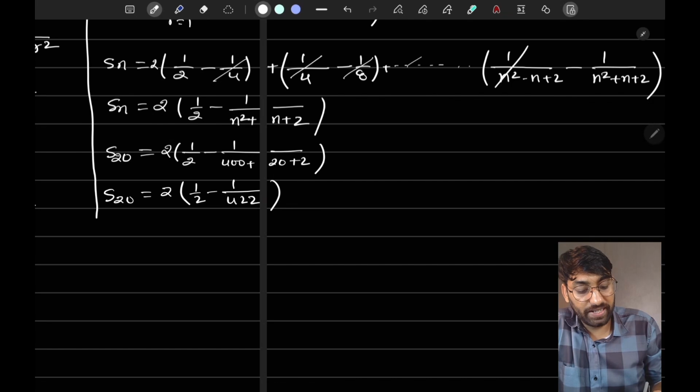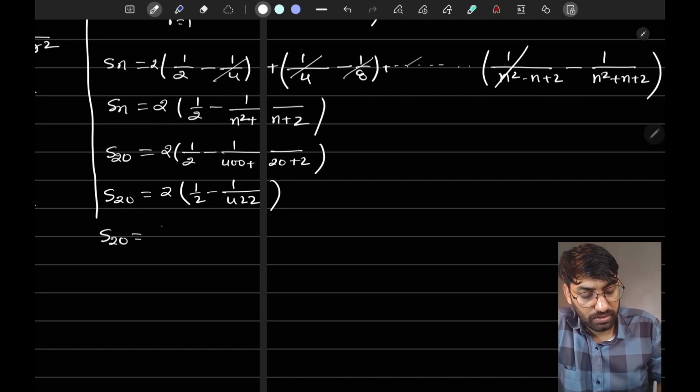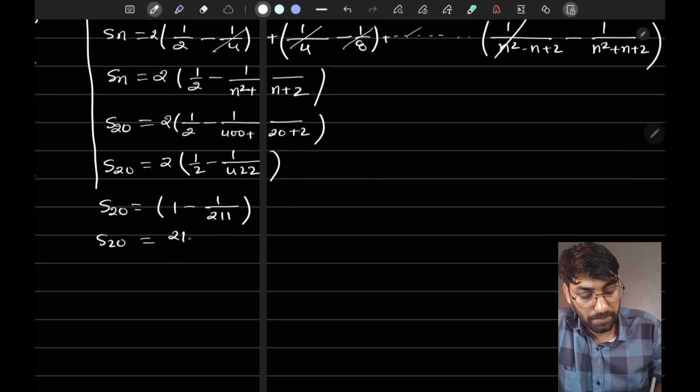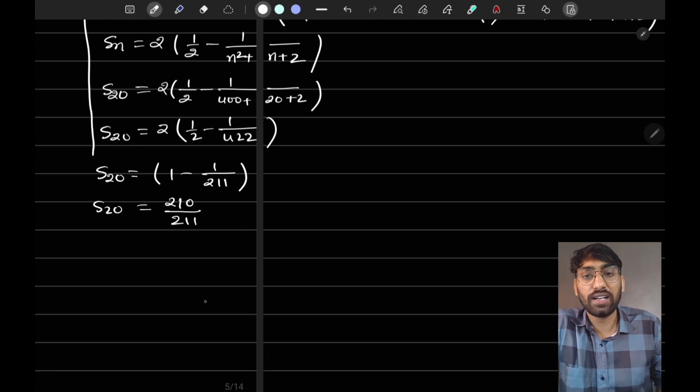Correct? So 2 we can take out and cancel out. So I will get S20 equal to 1 minus 1 upon 211. So S20 will become what? 211 minus 1 upon 211, means 210 upon 211. Correct? So if you closely observe, 210 and 211 are relatively prime.